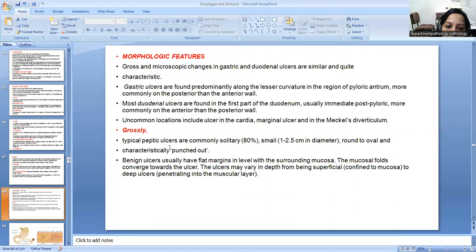Typical peptic ulcers are commonly solitary, small, round to oval, and characteristically punched down. Benign ulcers usually have flat margins and are level with the surrounding mucosa. The mucosal folds converge towards the ulcer. The ulcers may vary in depth from superficial to deep.